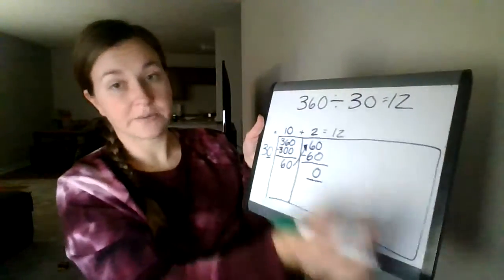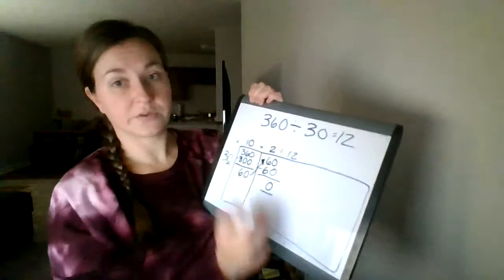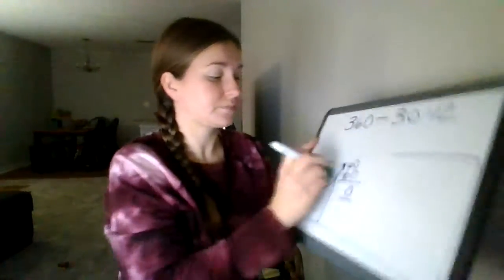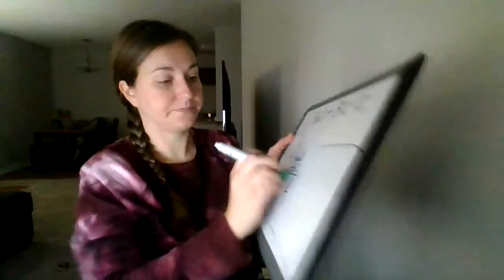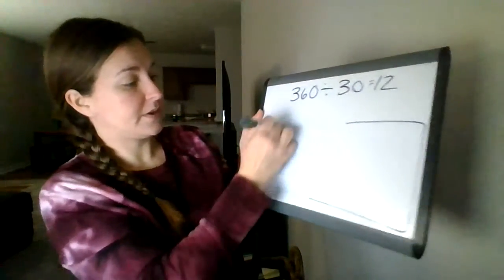So then I could check myself by saying, well, 30 times 12 should give me 360. And I could do that by using my box method.